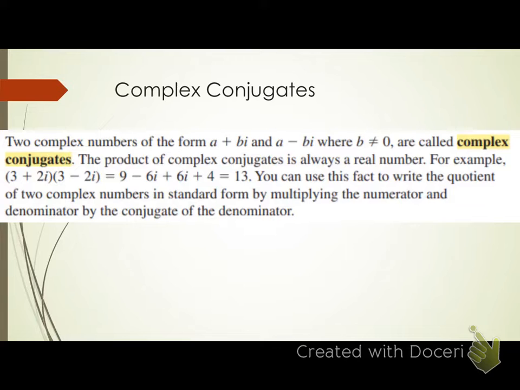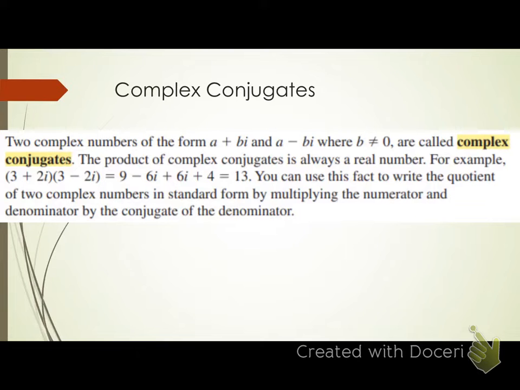Two complex numbers of the form a plus bi and a minus bi, where b is not equal to 0, are called complex conjugates. So those two complex numbers, what's the only difference between them? What's the difference between a plus bi and a minus bi?